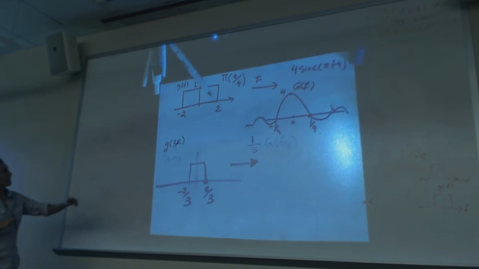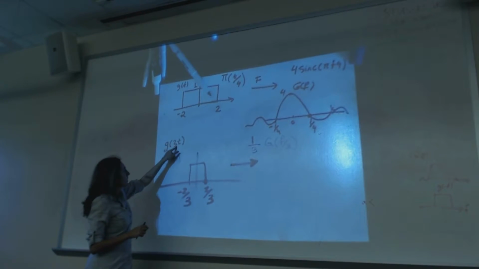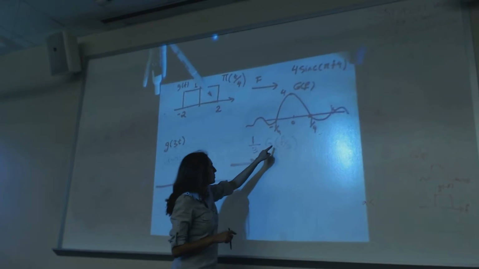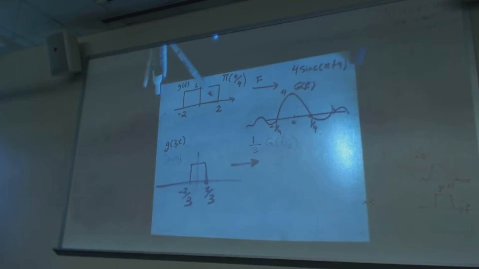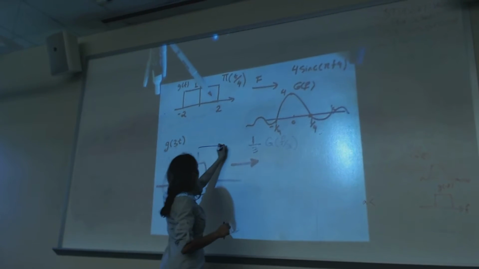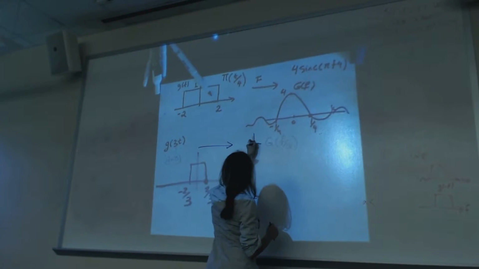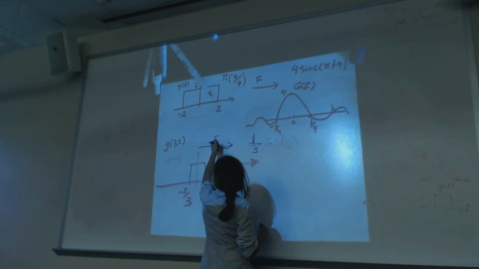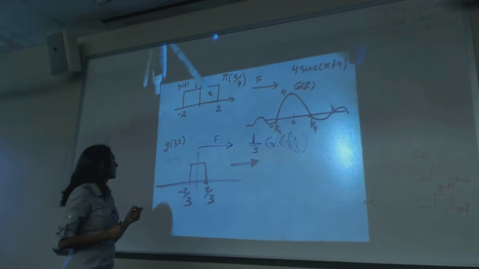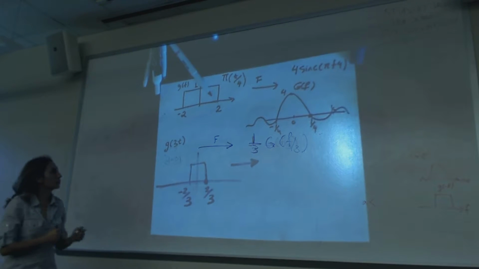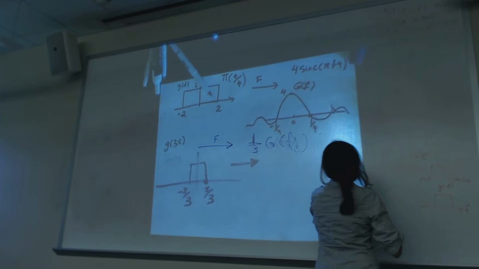The property says g of 3t is mapped to 1/3 of G of f over 3. Everything is divided by 3. Okay, good. So now that's my G of f.